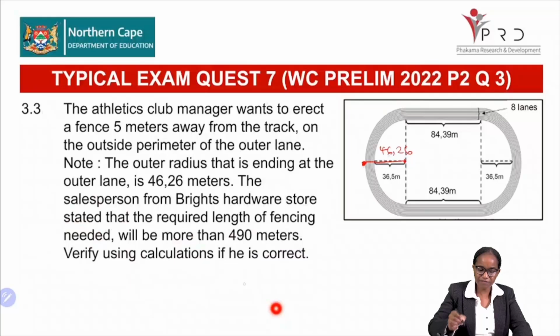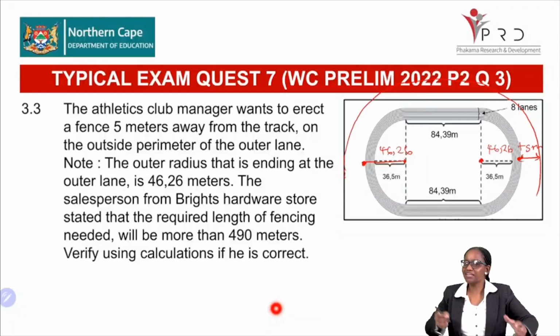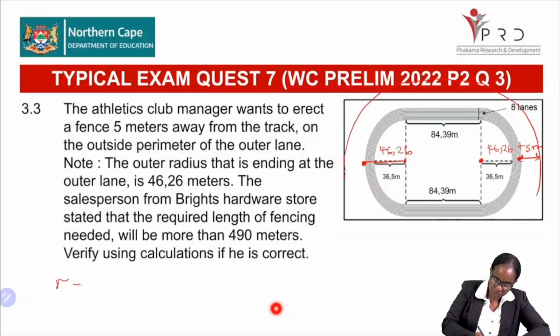Remember the perimeter fence, the fence that will be outside the track, will be 5 meters away. So meaning from here to here, we have our 46,26 plus these 5 meters. So the radius will get up to 46,26 plus 5, which will be 51,26.